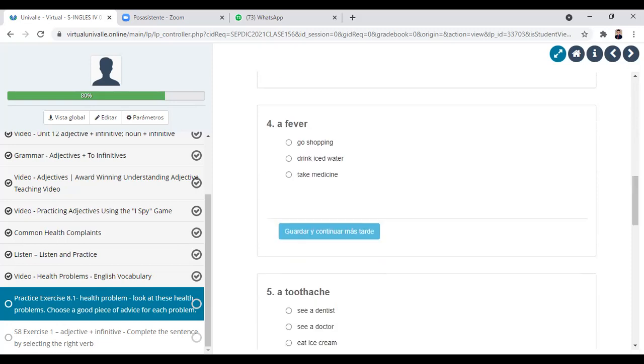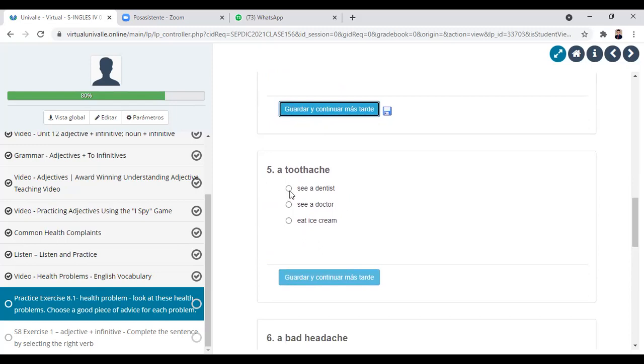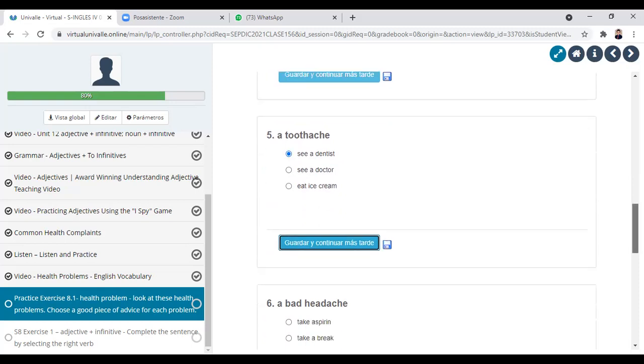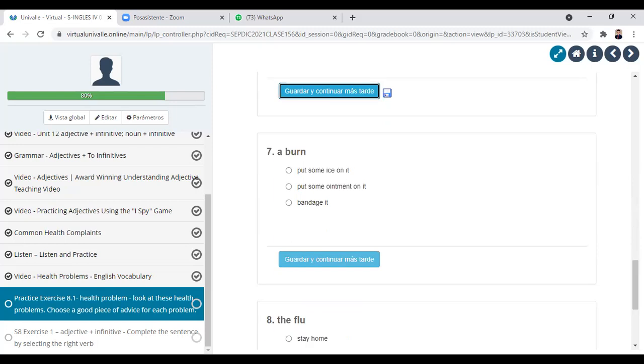A fever: go shopping, drink ice water, take medicine. A toothache: see the dentist, see a doctor, eat ice cream. See a dentist. A headache: take aspirin, take a break, eat something. Take aspirin for short. And a burn: put some ice on it, put some ointment on it, bandage it. Bandage it.